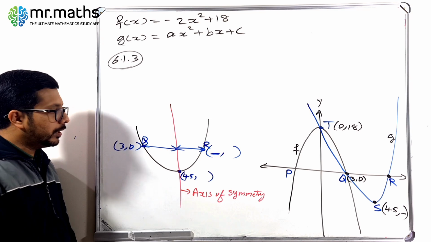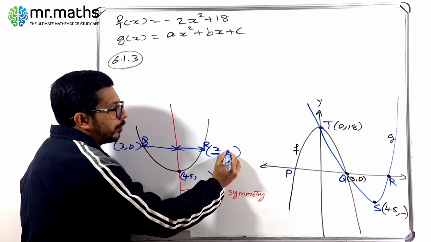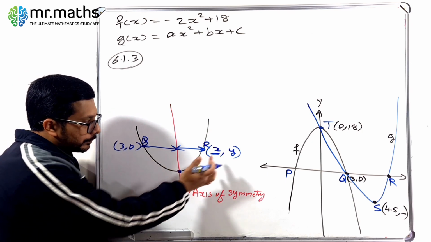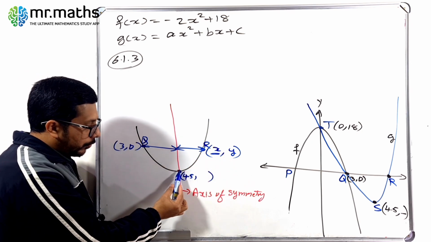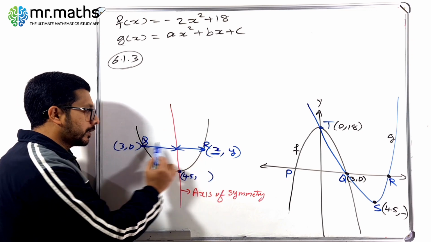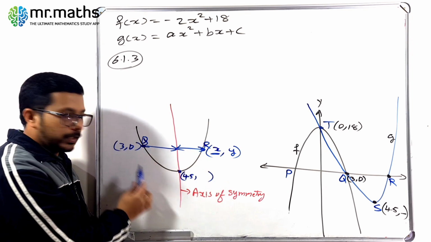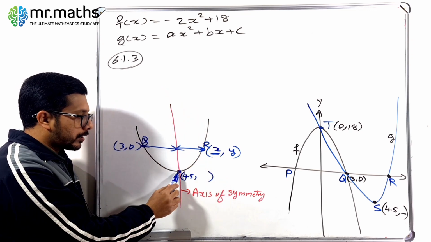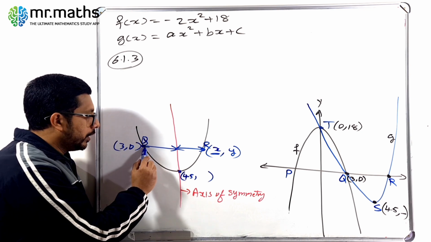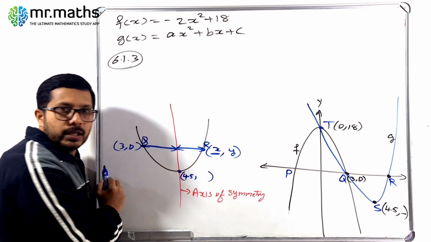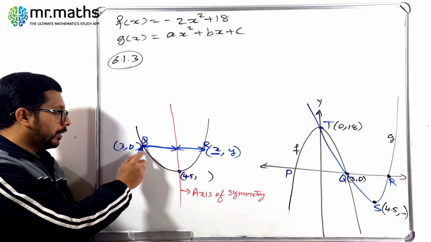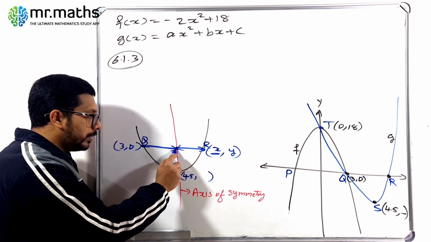Let's call this x comma y. You know that 4.5 is going to be the middle of these 2 points, because the axis of symmetry passes through the turning point. These two distances are the same.